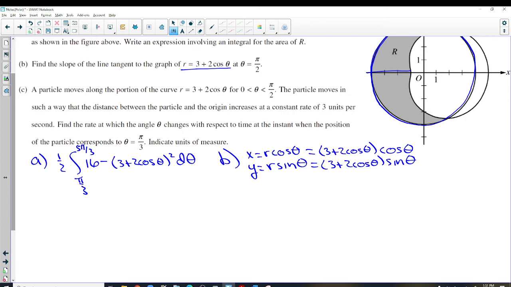Now we want the slope of the tangent line. Slope of the tangent line is dy dx. So these get a little lengthy. First, I have to do y. Product rule: first times the derivative of the second plus the second times the derivative of the first. And that was dy.